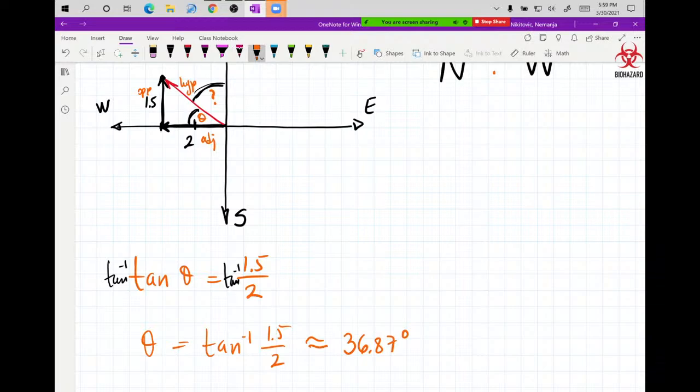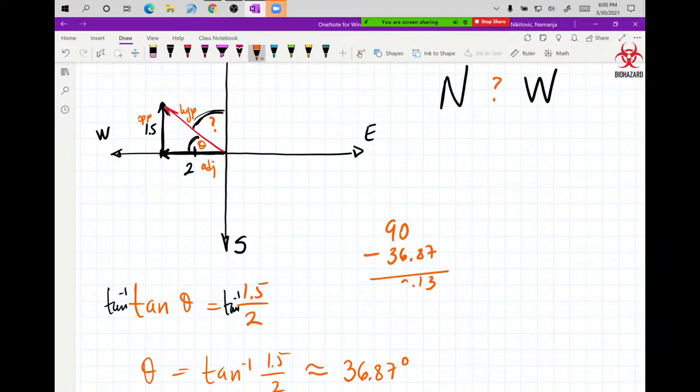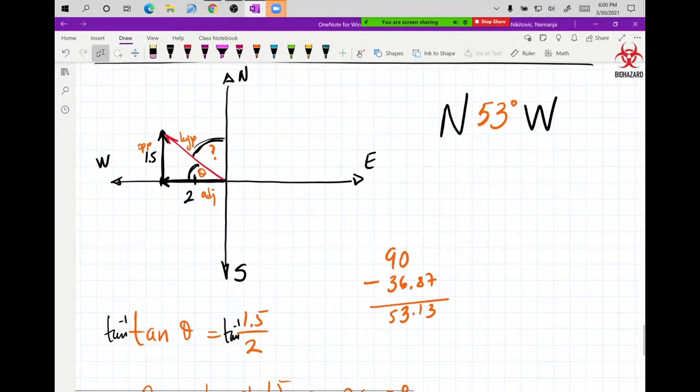Now, we could have put 37 degrees and we wouldn't be wrong, but such is life, right? So now, the angle that we need, the question mark, is going to be 90 minus 36.87. So that will be 13 there. You steal 1 from the 0, that's going to be 3, and 8 minus is 53. So the angle over here is 53.13, but I could just say 53, it's okay, degrees west. 53 degrees.